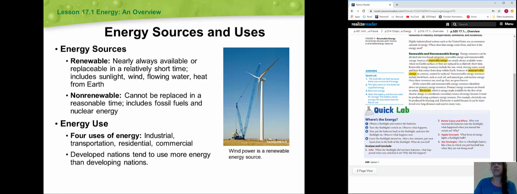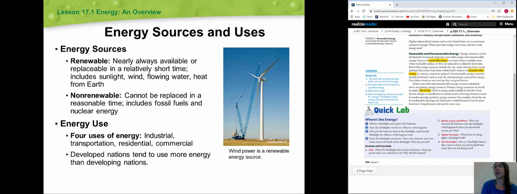Energy resources can be divided into those two broad categories. Sources of renewable energy are nearly always available somewhere on Earth's surface, or they are replaced in a relatively short time. Renewable energy resources include the sun, wind, moving water, wood, and heat that comes from deep within the earth, which would be geothermal energy.